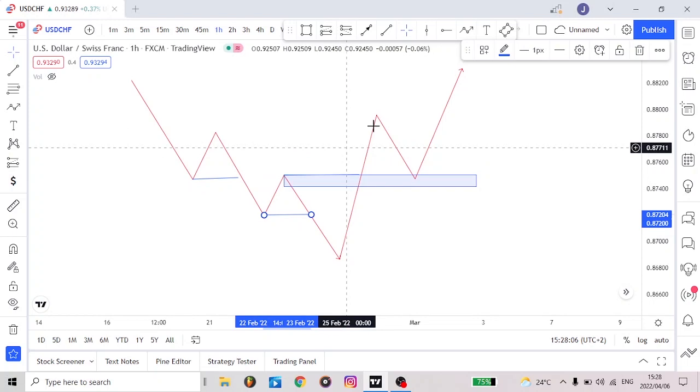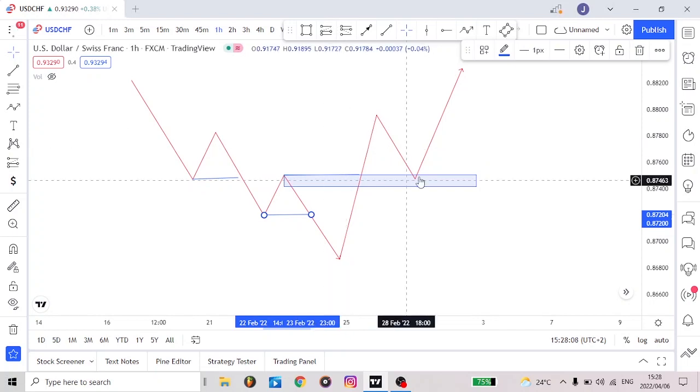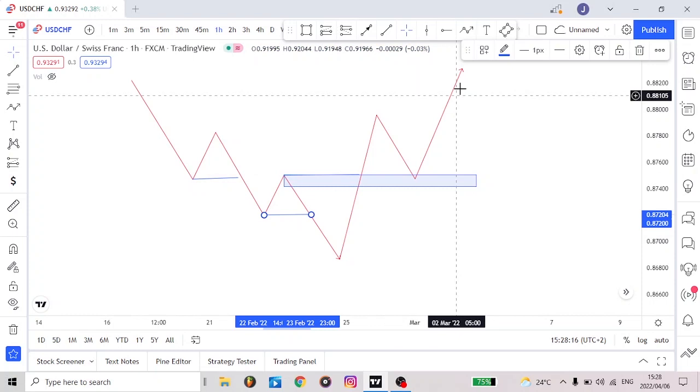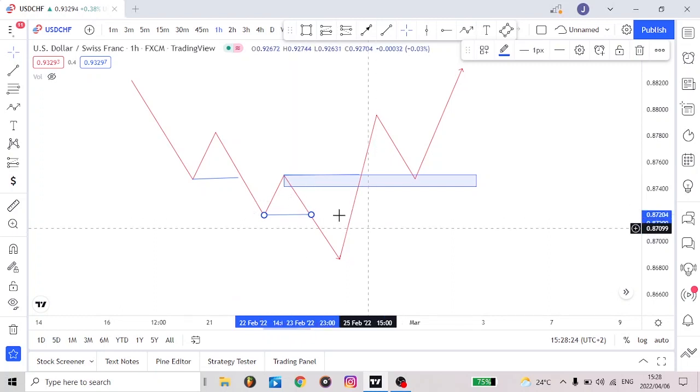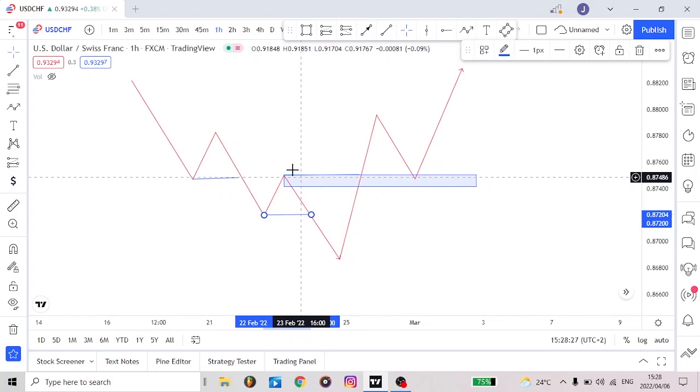Since the order block was violated, this now becomes a breaker block. So a breaker block is the point where you expect the market to retrace to and then continue pushing upwards. This breaker block and order blocks are our points of interest.